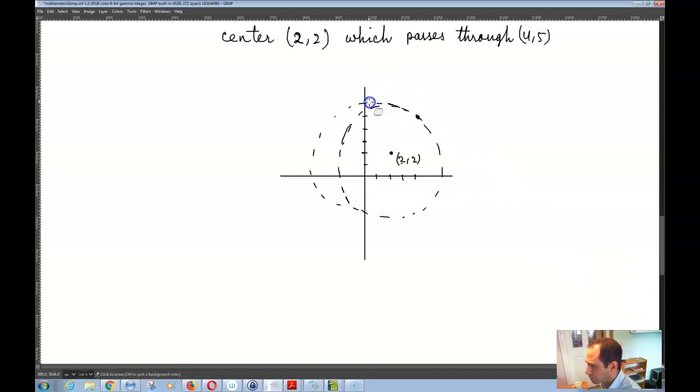Now, the circle is supposed to go through these points, around like this.